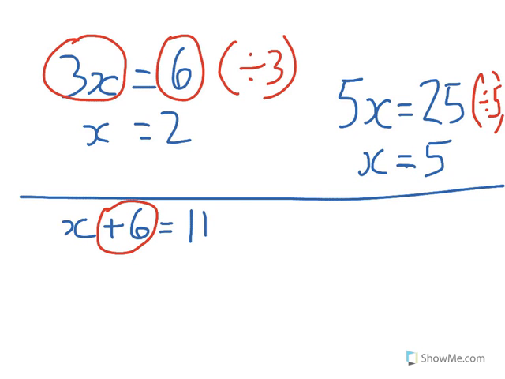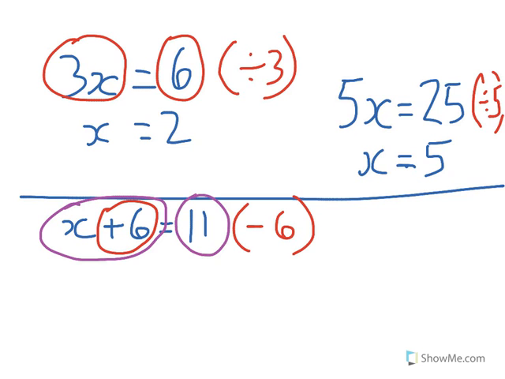Well, I do the opposite again, which will be minus 6. And as always, I need to do that to both sides. So I need to subtract 6 from the left-hand side and from the right hand side of the equal sign. So that gives me x, so the plus 6 is gone, and on the right hand side I would have 5. 11 minus 6 is 5.